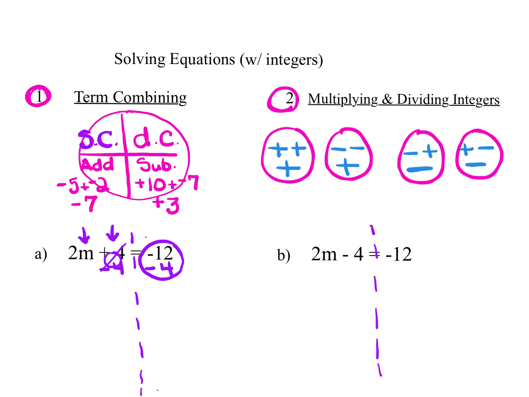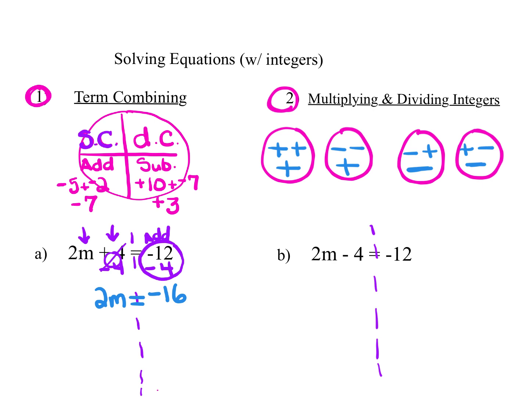So in this case, we're going to add up the negatives. When you take the sum of -12 and -4, you get -16. So we have 2m equals -16.